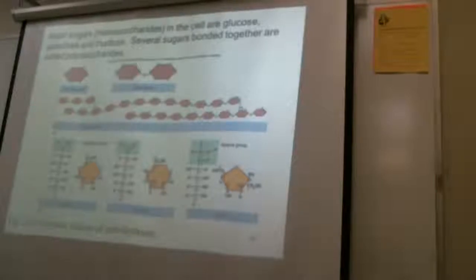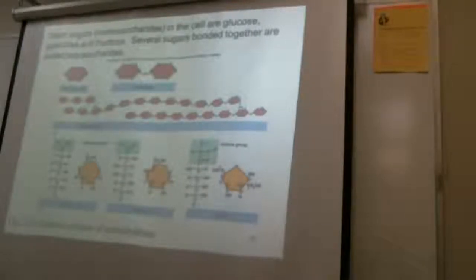Now, some examples here, for monosaccharides, I want you to know glucose, galactose, and fructose. I will not have many of these pictures, but they are nice. They show you all the carbon positions. As they're labeling 1, 2, 3, 4, 5, 6, that's telling you where the 6 carbons are located.